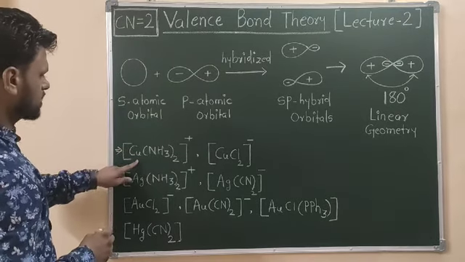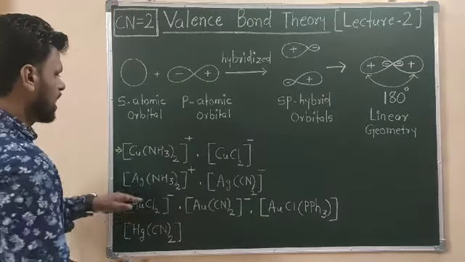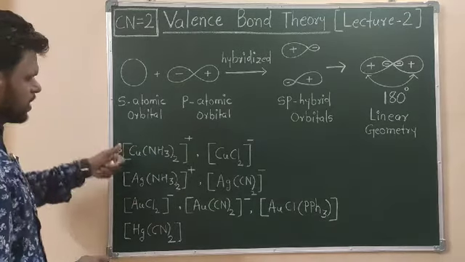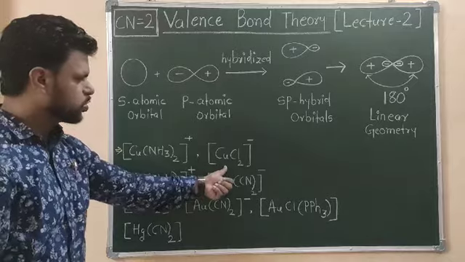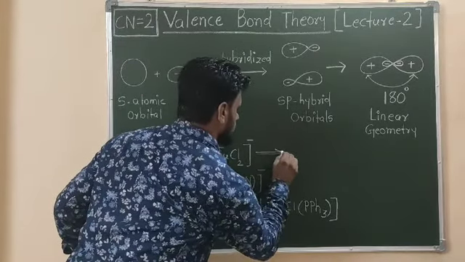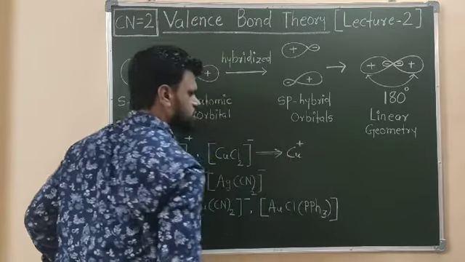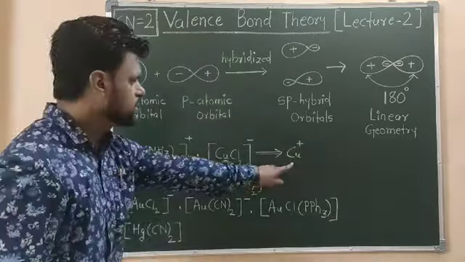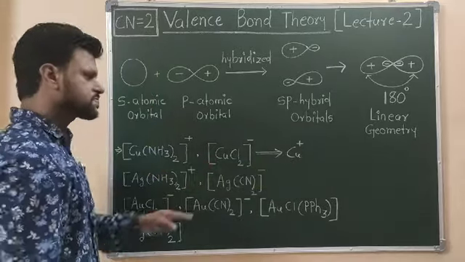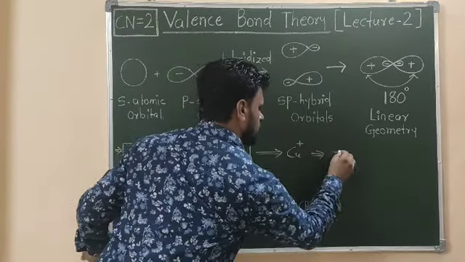In these copper complexes we have an amine ligand, here we have a chloride ligand, and we have copper with a +1 charge in both. So in both complexes the charge on the metal ion is copper +1, and when we have copper +1, the system will always be 3d10.